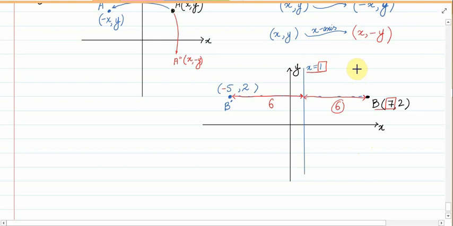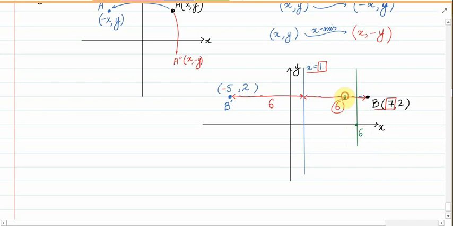Let's suppose this time the line lies here and its value is 6. Now can you identify, when B is reflected in this line, where should it lie?